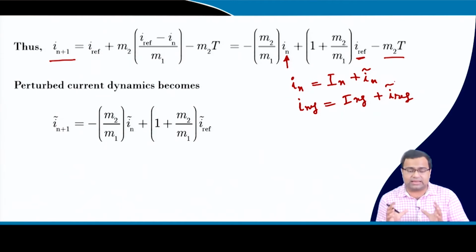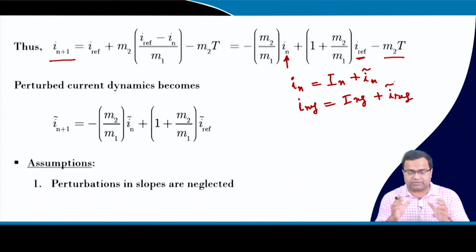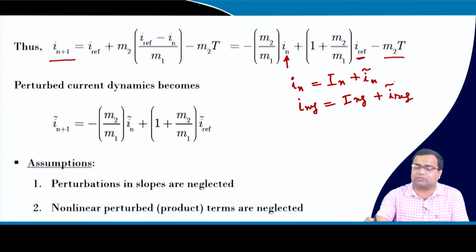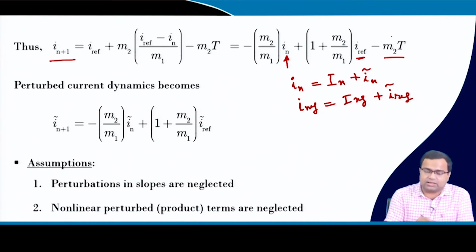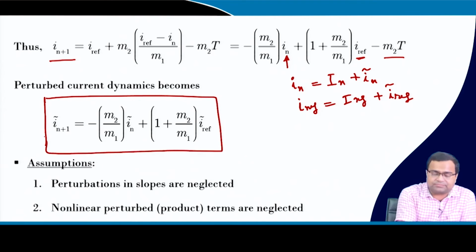We are not considering perturbation in the slopes. That means there are two assumptions: the perturbations in the slopes are neglected, and the nonlinear products of the perturbations that come out from here are also neglected. So that means the linear part of the equation is like this.